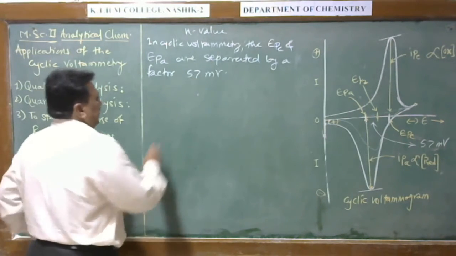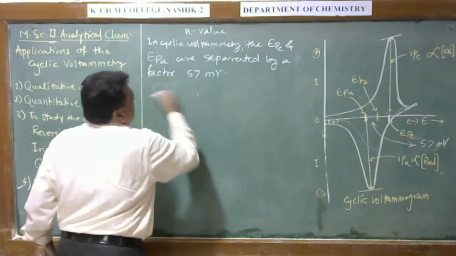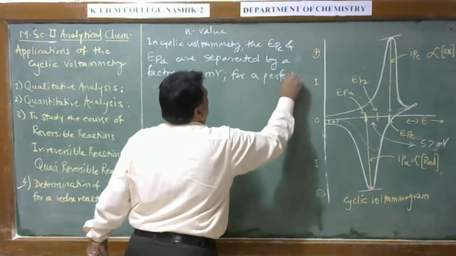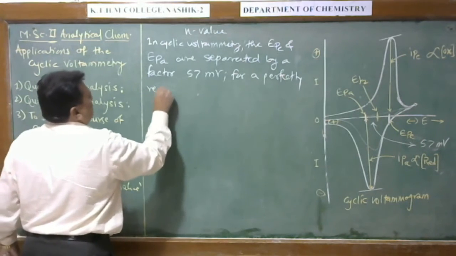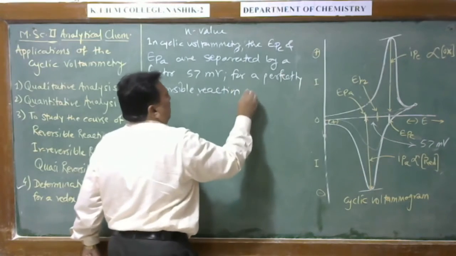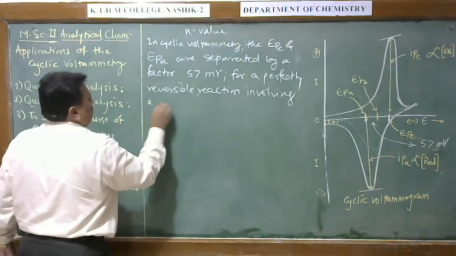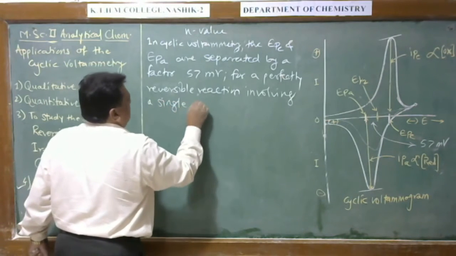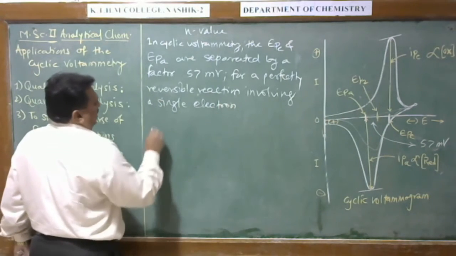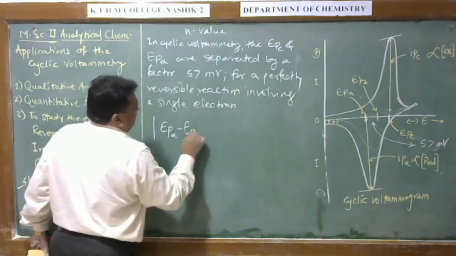So for a perfectly reversible reaction involving a single electron, the peak to peak separation is the mod of EPA minus EPC.